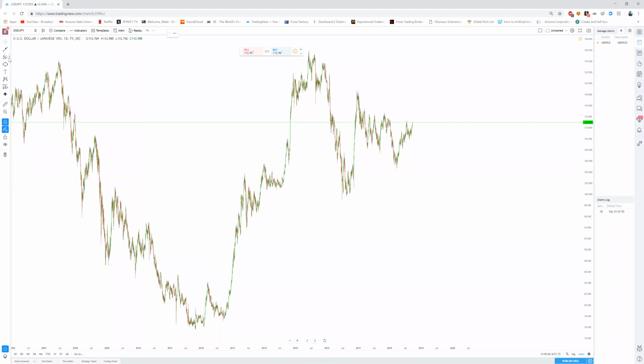All we have to do for the fib is click on this Andrews pitchfork right here. That's this icon here. But instead of that, we click on the little arrow, and then we scroll down to the Fibonacci retracement. When someone says throw a fib on a chart, they're talking about this here. All we have to do is use one of 3 points for each the low and the high. I'll go ahead and write them down in the text box.